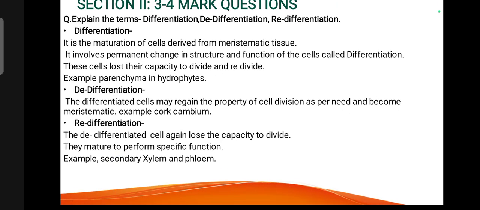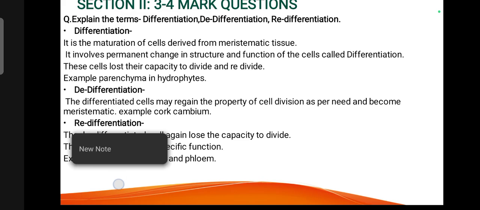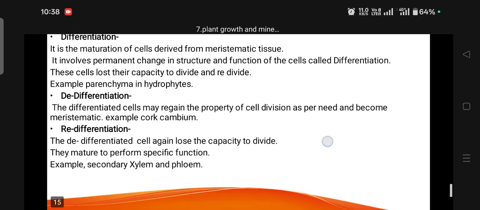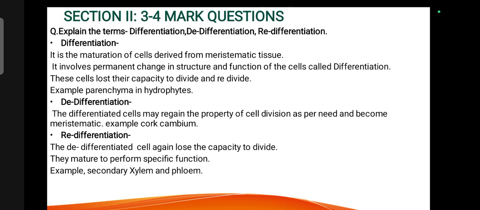Explain the terms differentiation, dedifferentiation and redifferentiation. Differentiation is the maturation of cells derived from the meristematic tissue. It involves permanent change in the structure and function of the cell. These cells lose their capacity to divide.